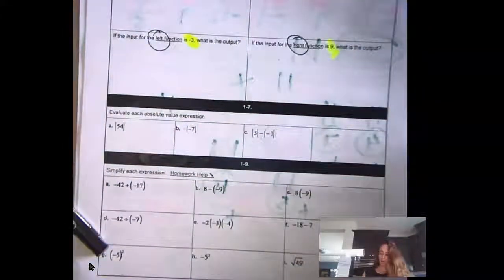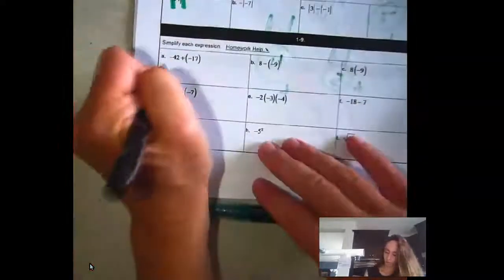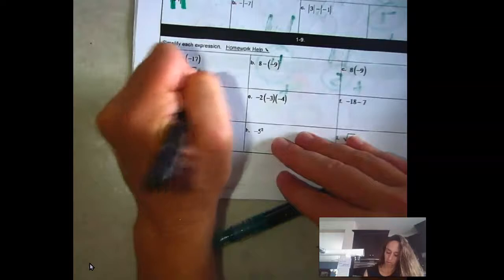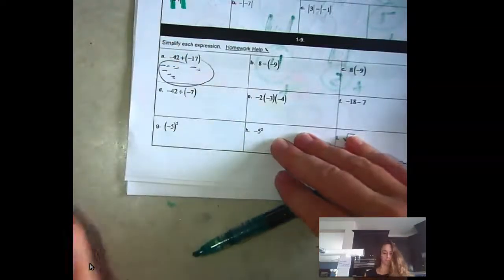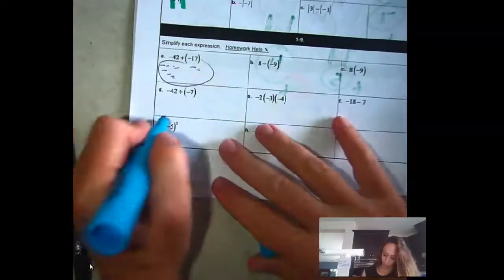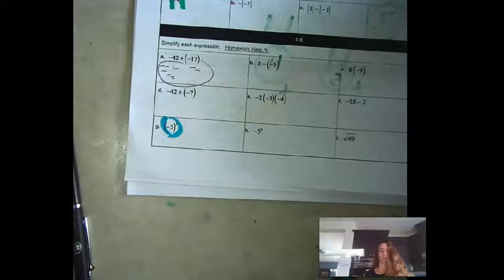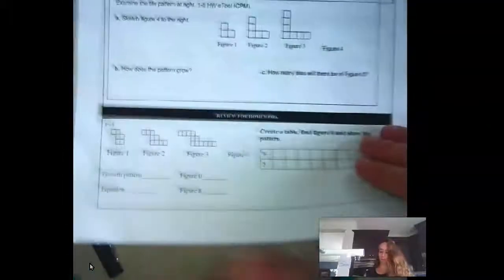Input here, input here, input here. Next one, absolute value. You can do that. This one, when you do your negatives and put them all together, okay? Notice the squared. Remember what that means. Okay, this is all review. Okay, and that's it.